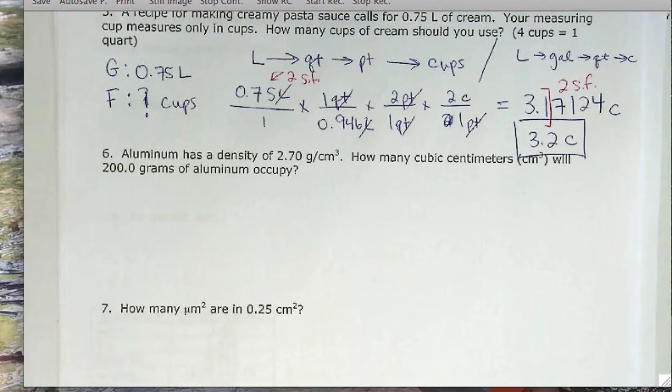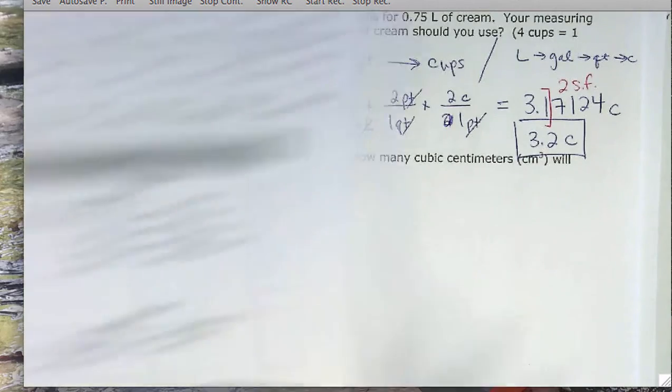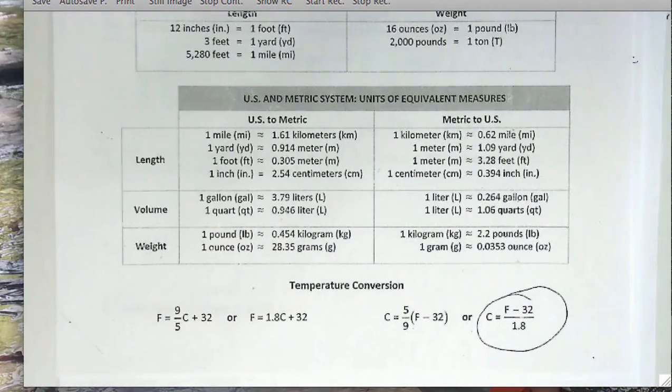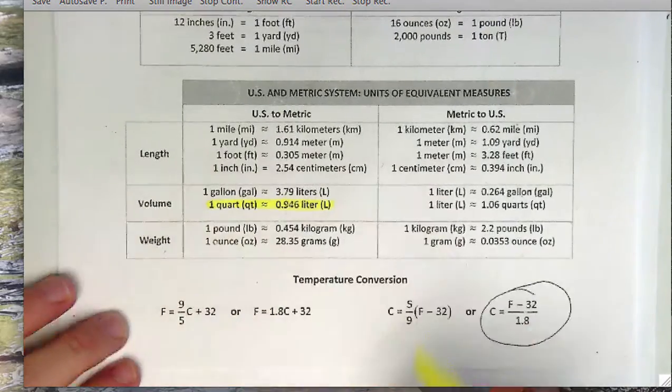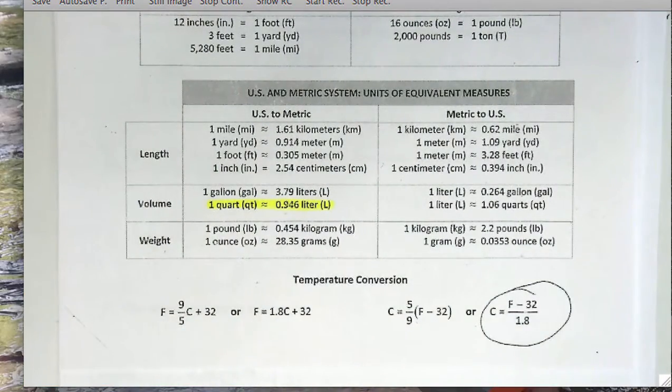I was wondering where you found that 1 quart was converted to 0.946 liters. Oh, it's on that worksheet. I feel like I looked up and down everywhere for that conversion. I couldn't find it. Okay, thank you. I have a question.